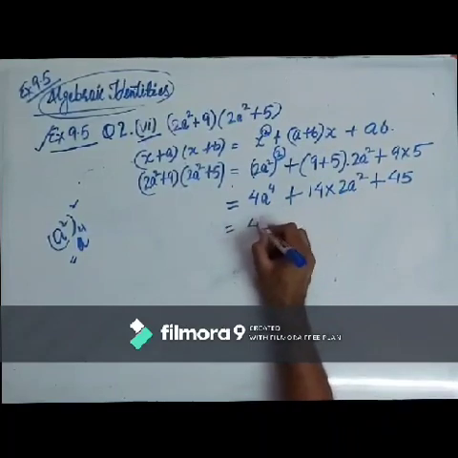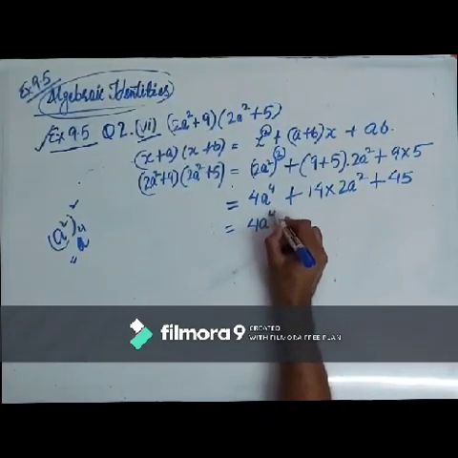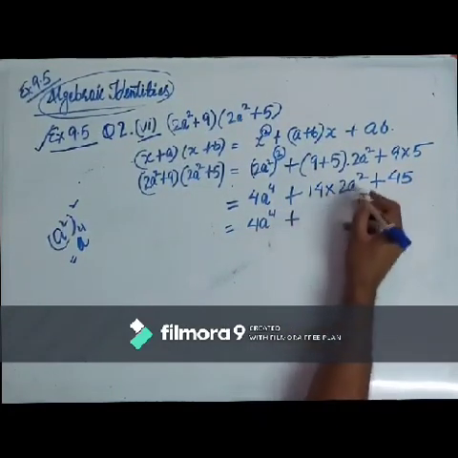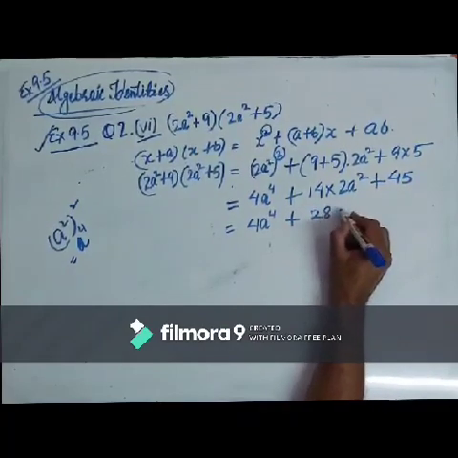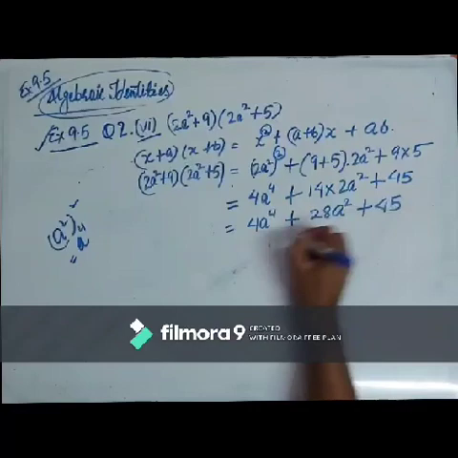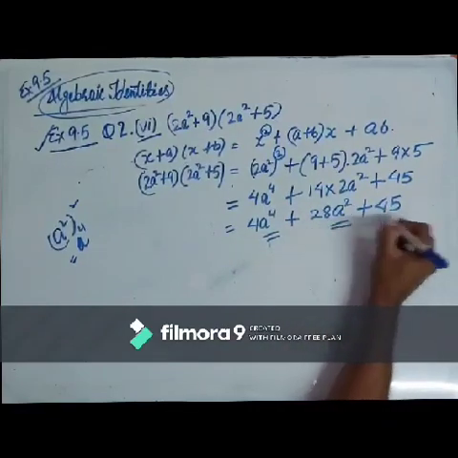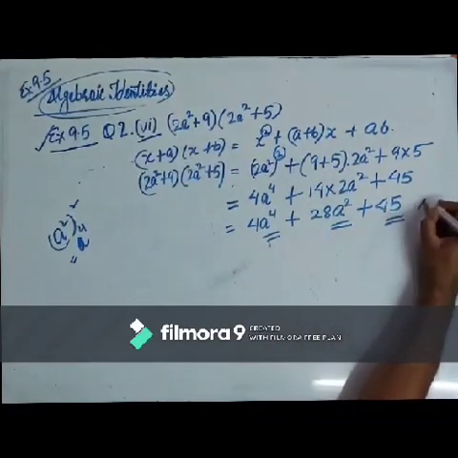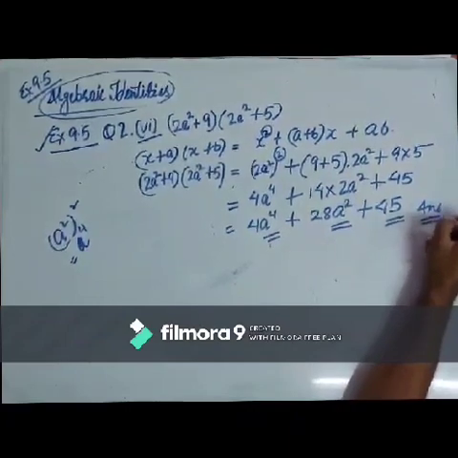This will be rearranged to the final conclusion as 14 into 2, 28, a square plus 45. A4, a square without a, all unlike terms, and this is your answer.